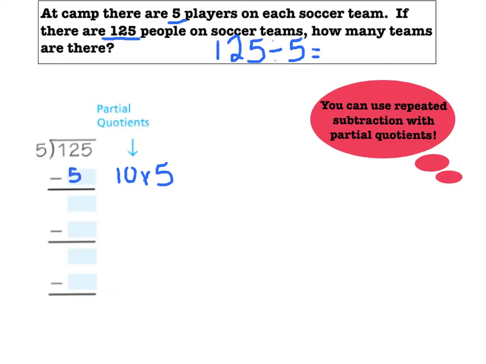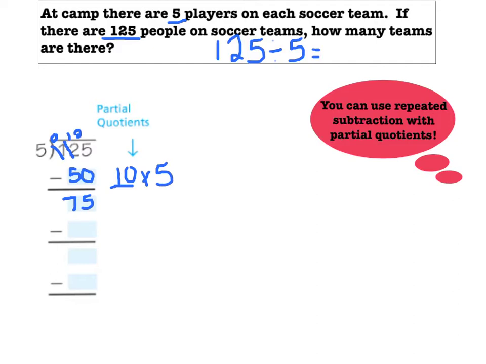So I'm going to subtract 125 minus 50. That's a big chunk of 5. And I put down that 50 is 10 groups of 5. So I have 5 minus 0 is 5. And then if I regroup, 12 minus 5 is 7. So I have 75 now. So my number is getting smaller.